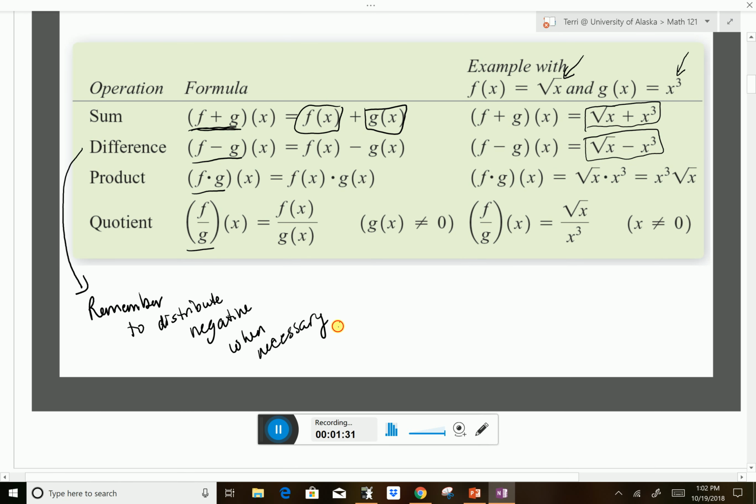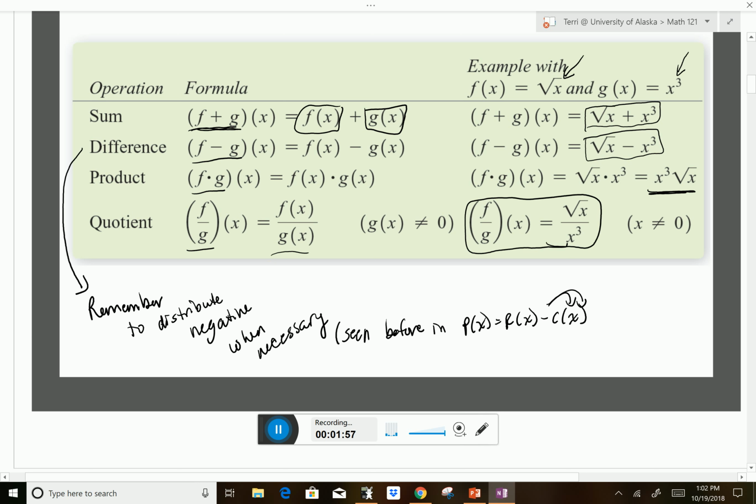And we've seen this before in finding the profit function, which is revenue minus cost, and we have to remember to distribute that negative through the cost function. You can take the product of two functions, or you can take the quotient of two functions.